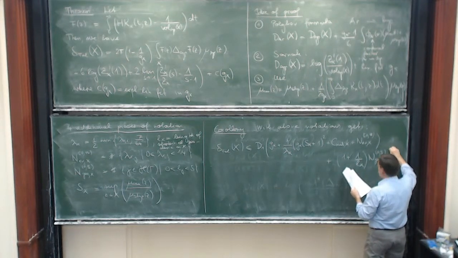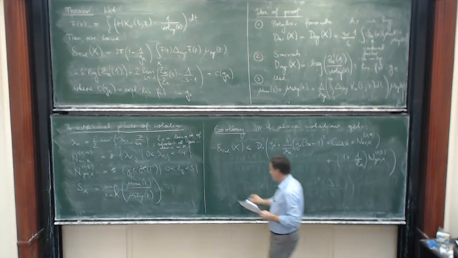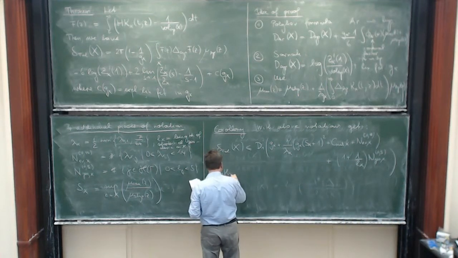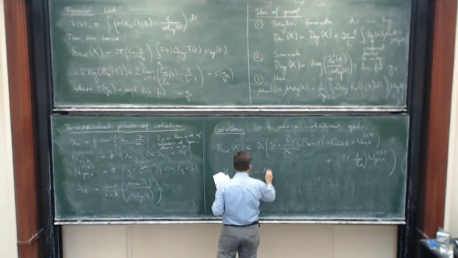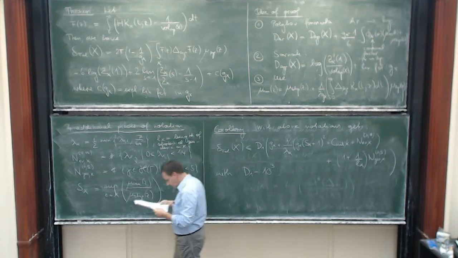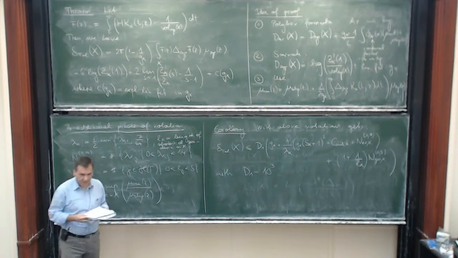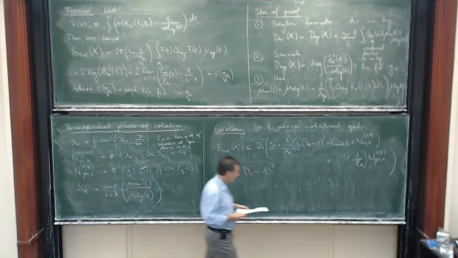So then the big parenthesis is closed with, well, a rough D1. You can take D1 to be 1000 if you want. Can do better, but okay.